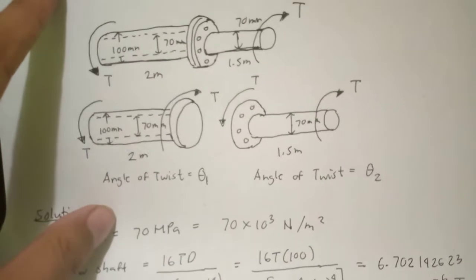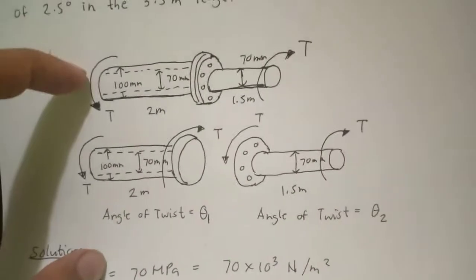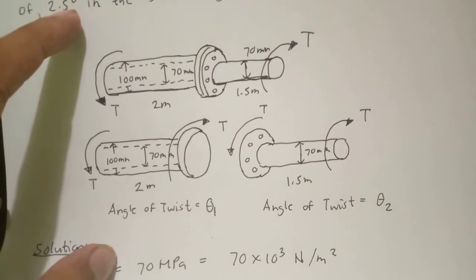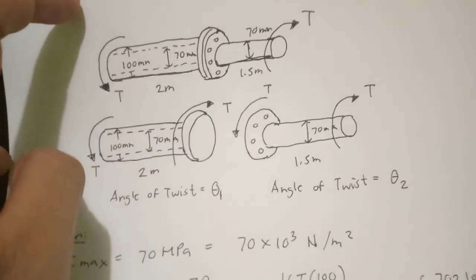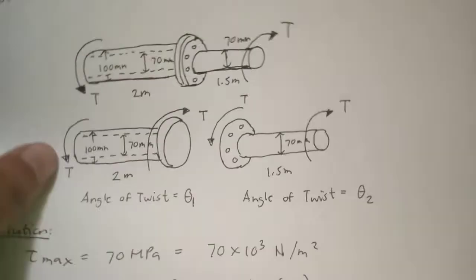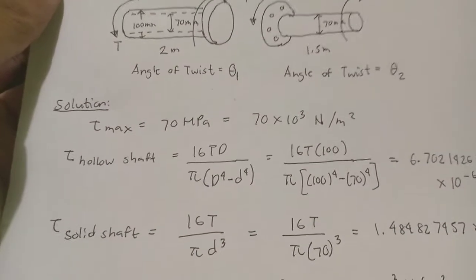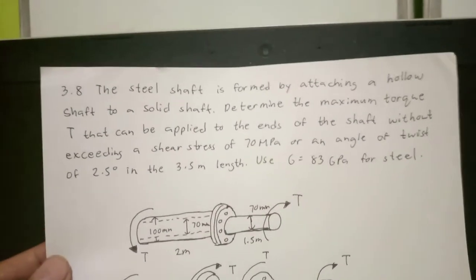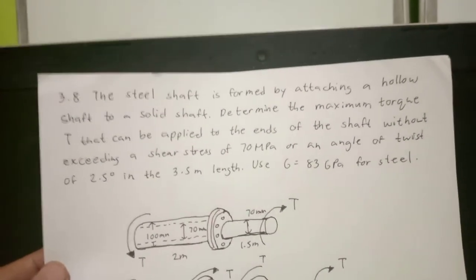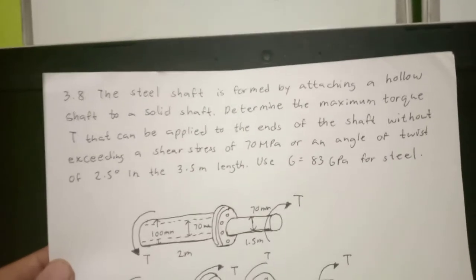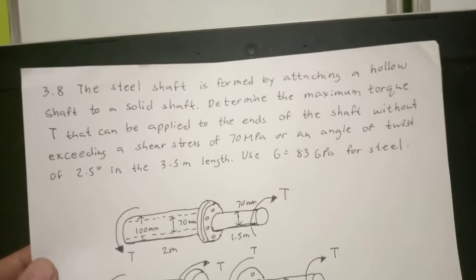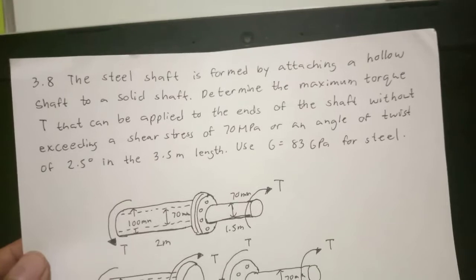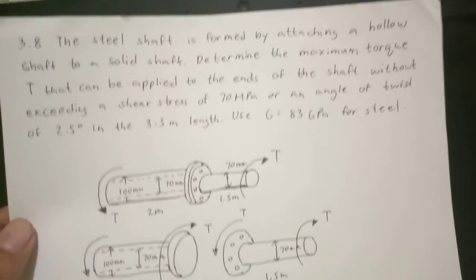Please, we assume that the angle of twist at the hollow shaft is theta 1, and the angle of twist at the solid shaft is theta 2. So here is the solution. As mentioned in the problem, the maximum shear stress should be 70 megapascals, and the angle of twist should not exceed 2.5 degrees in the length of 3.5 meters.